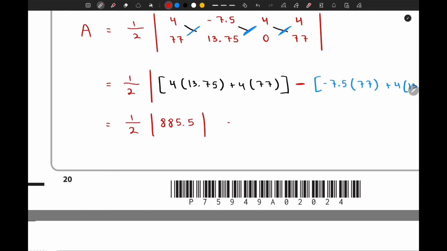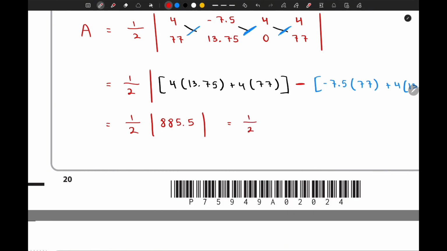So this is equal to 885.5. Now the purpose of this modulus bar is that sometimes we mix the coordinates. We start with coordinate R, move on to Q, and then P. In that case, this value would probably have been negative, negative 885.5. In that case, area cannot be negative. What the modulus bar does is that it turns the negative value into a positive value.